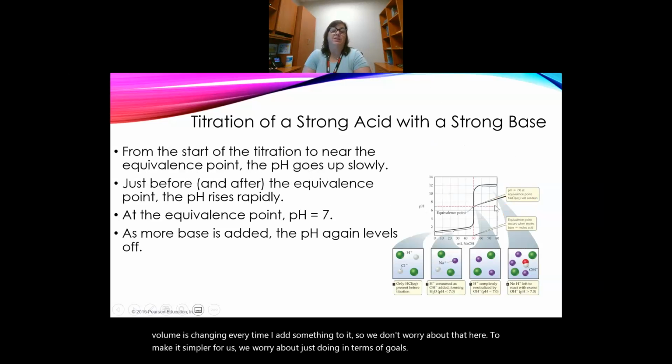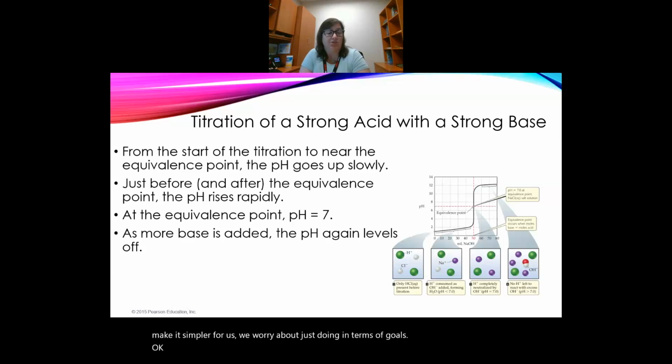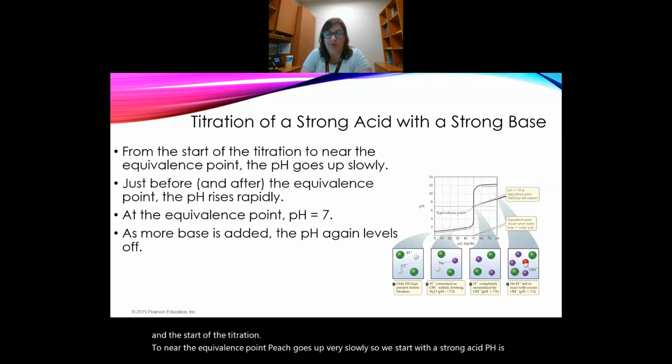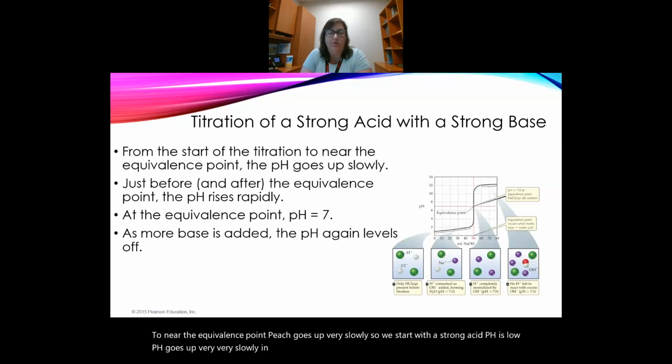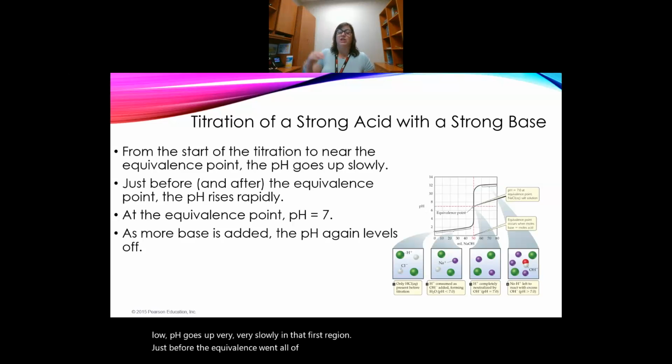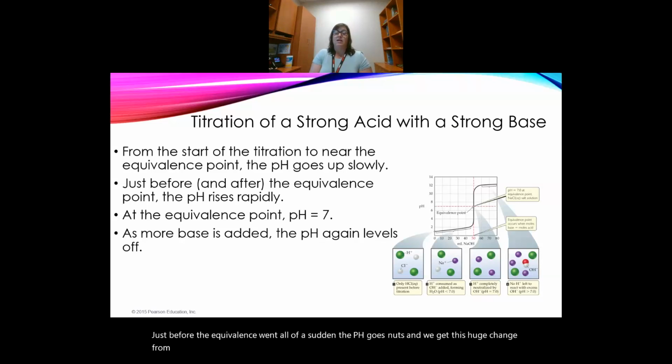Okay. So like I said, the initial case that we're talking about is strong acid with a strong base. In the start of the titration, to near the equivalence point, pH goes up very slowly. So we start with a strong acid, pH is low, pH goes up very, very slowly in the first region. Just before the equivalence point, all of a sudden the pH goes nuts, and we get this huge change from a little tiny amount of that base, right?